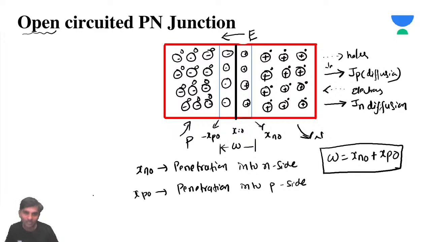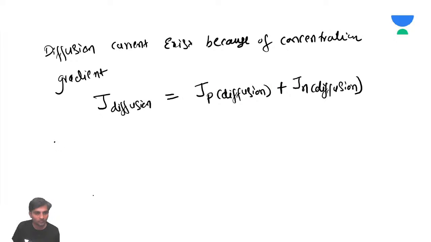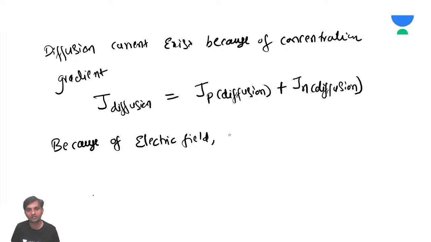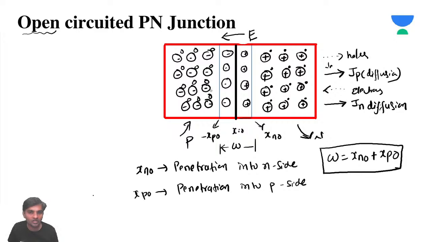These holes are attracted by the electrons here because of the internal electric field E. The electrons here are minority charge carriers, and these minority charge carriers will be attracted by this positive charge.